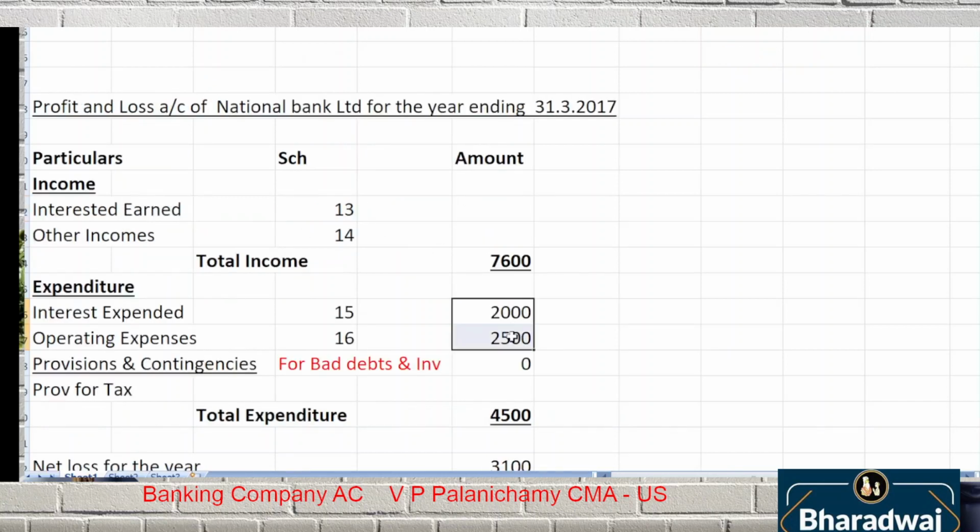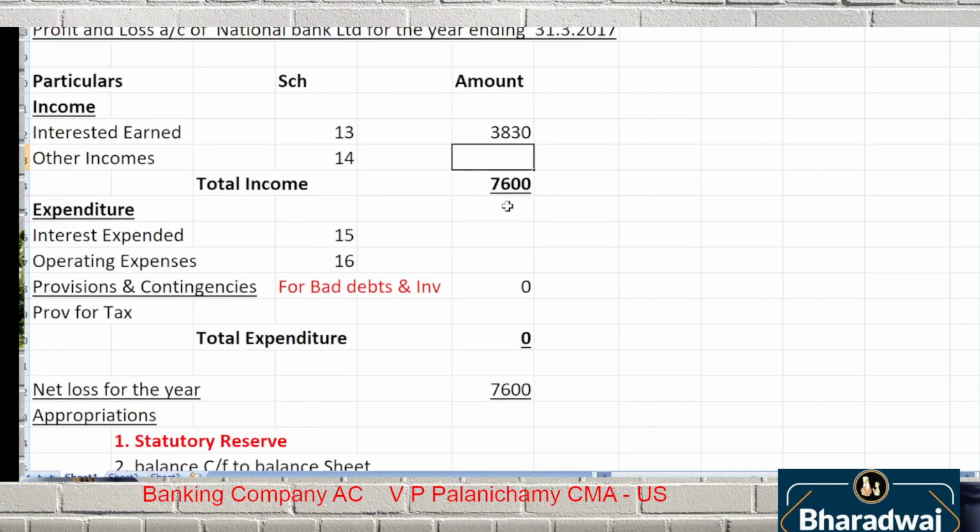Let's prepare interest earned, other incomes, then interest expended, operating expenses. Hope you prepared.